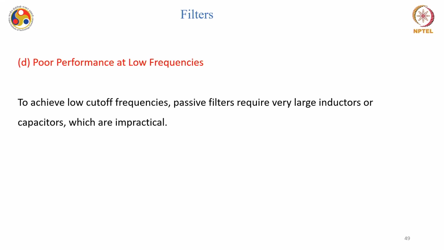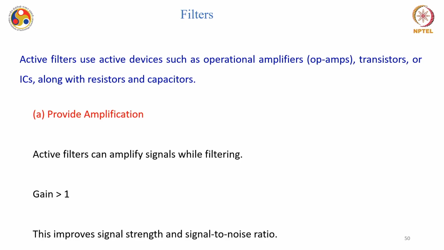They also have poor performance at lower frequencies. To achieve low cutoff frequencies, passive filters require very large inductors or capacitors, and when you require that kind of larger capacitor and inductor, even for pure electrical applications, sometimes it becomes impractical. Therefore, active filters are required.